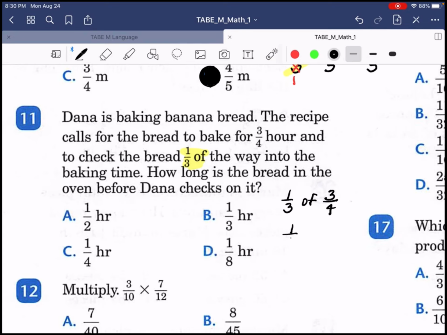That's 1/3 times 3/4. And this one will definitely cancel very nicely. 3 into 3 is 1. 3 into 3 is 1. So that cancels down to 1s. And that leaves the final answer as 1/4, or C, 1/4 of an hour.